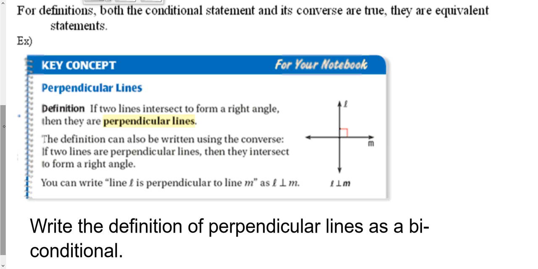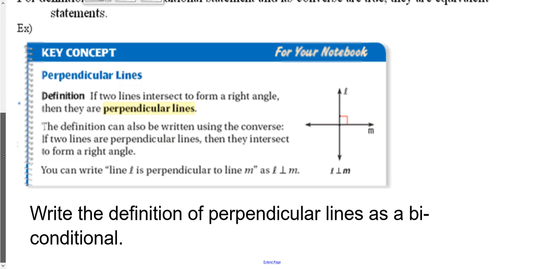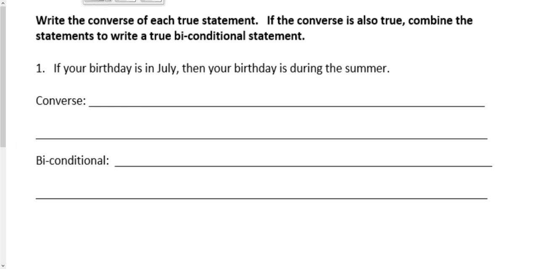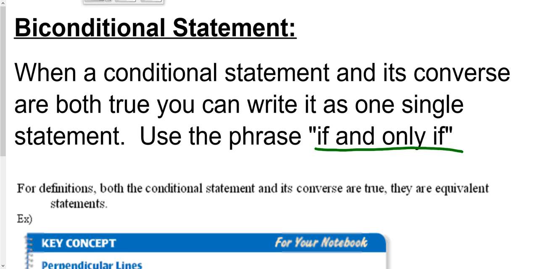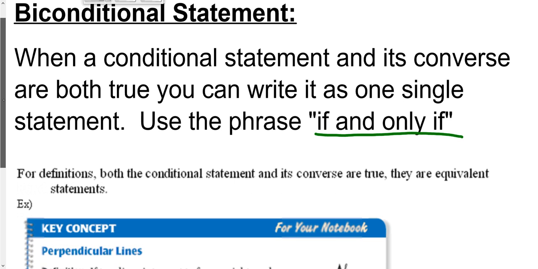So we can write that line L is perpendicular to line M, and we've got that little example there of L, and then the symbol for perpendicular, M. But we need to write the definition of perpendicular lines as a biconditional. It's a biconditional, using if and only if.